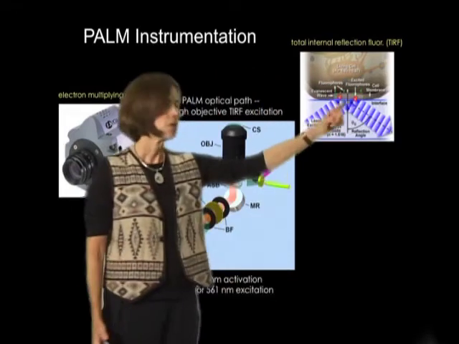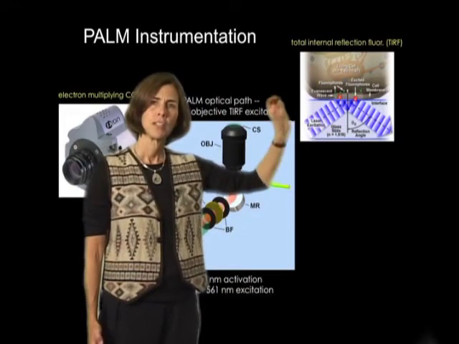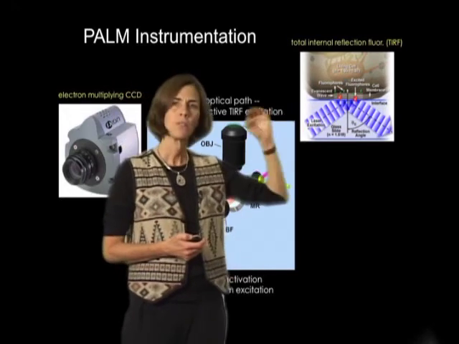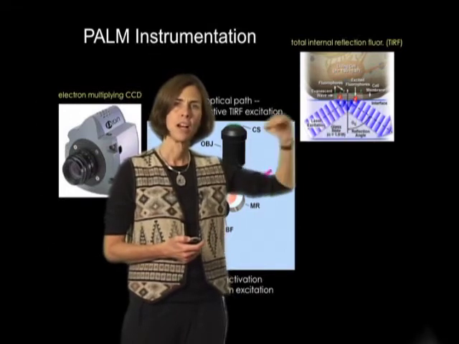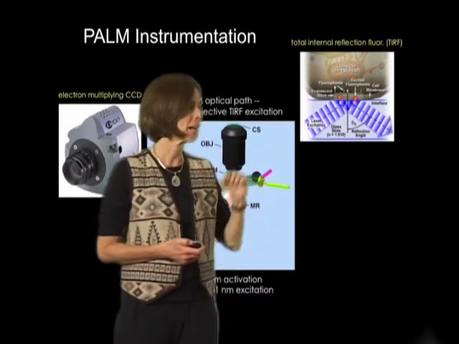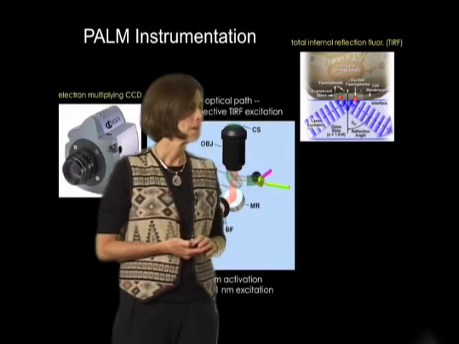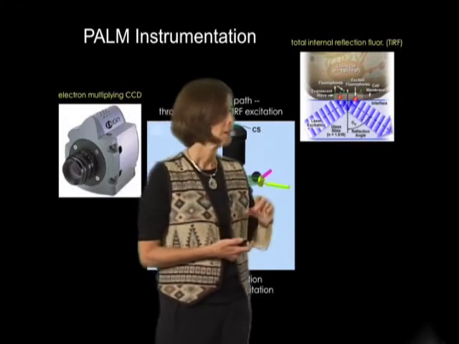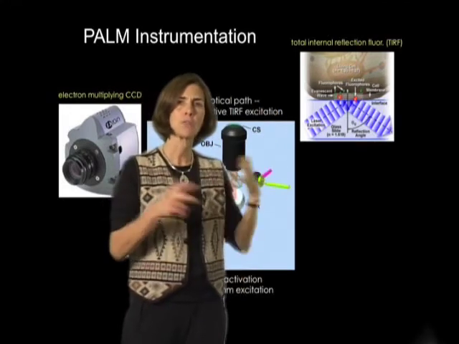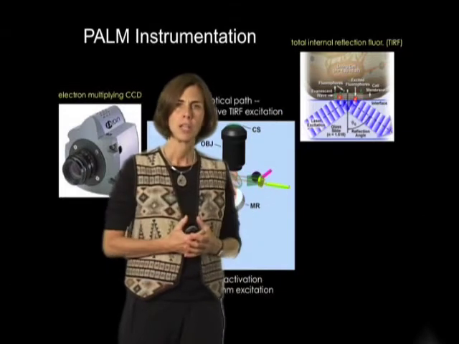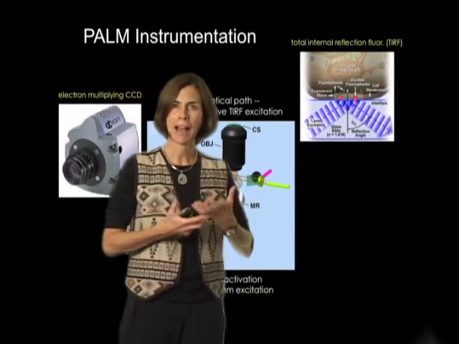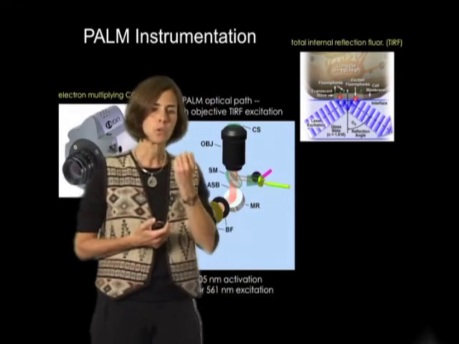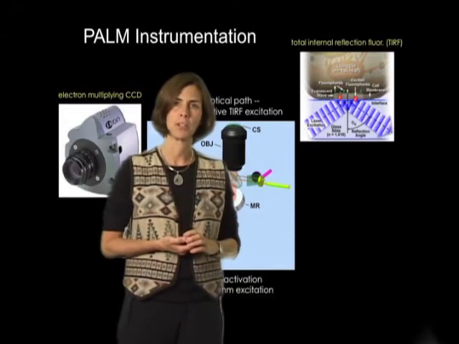And finally, you need a total internal reflection fluorescence microscope objective in order to be able to limit the sampling area of your specimen to only about 100 nanometers off the cover slip. We typically use this because if you just use a conventional objective, the fluorescence from out-of-focus molecules greatly increases the background photons, making it much more difficult to precisely map the distribution of individual molecules.